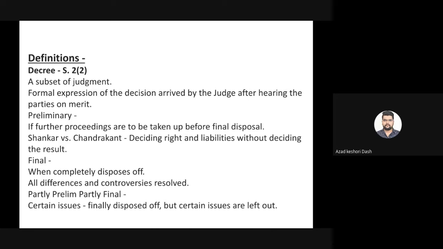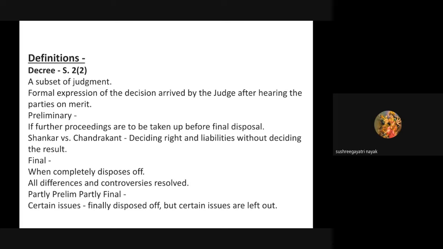For example, if there is a suit for possession and claiming mesne profits, and one issue is decided but the other issue is left out, that would be a preliminary decree, because you are just deciding on the possession part and the court has not decided yet on the mesne profits part. There are other issues which are to be taken up before the final disposal of the suit.